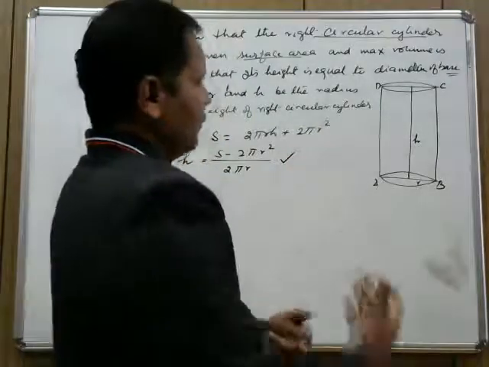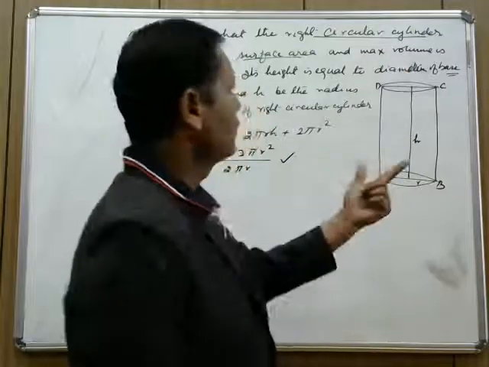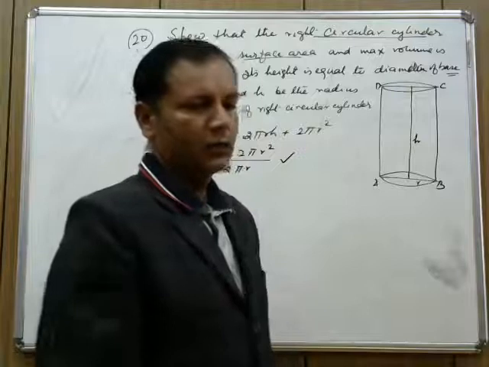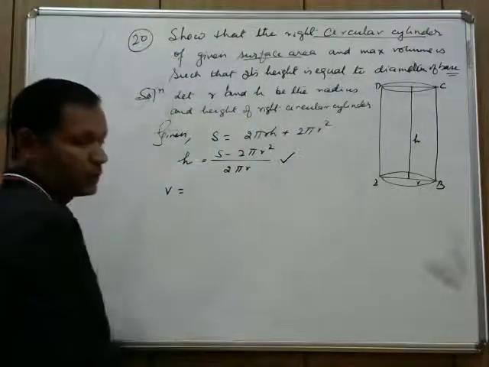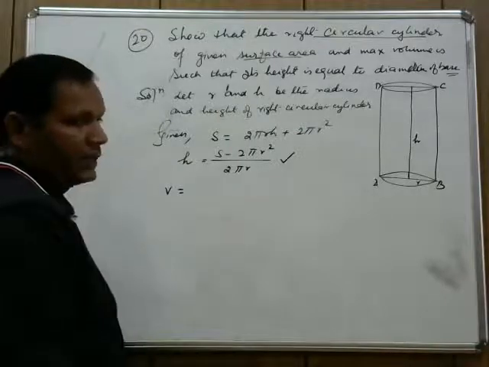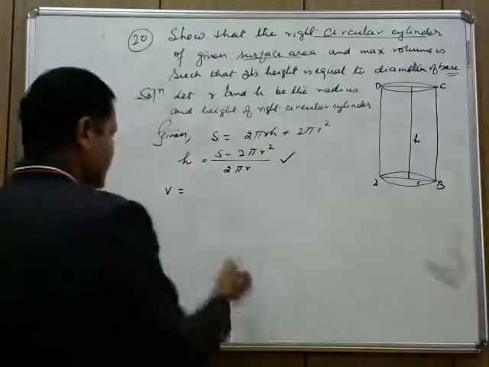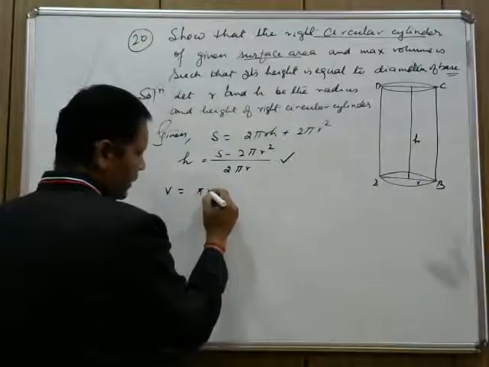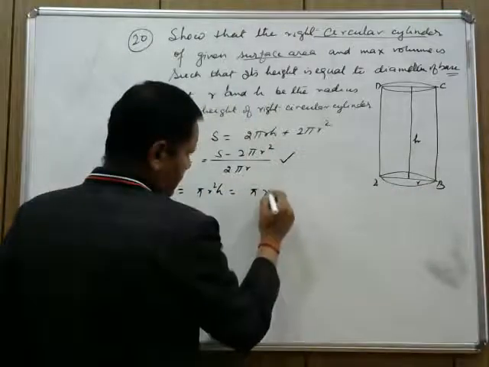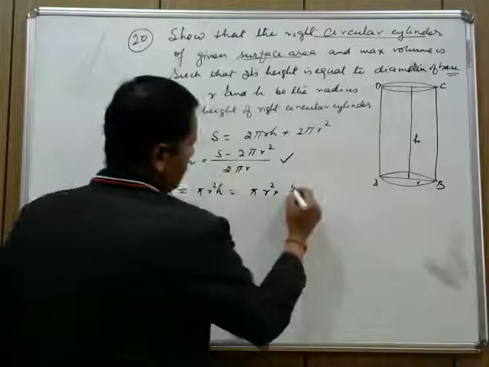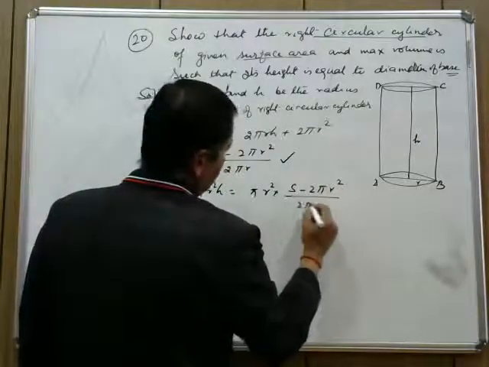And the function which I have to formulate is what? Maximum volume. Volume of what? Circular cylinder. And you know that the volume of a cylinder is pi r square h. Now radius I have taken r, and h is (S minus 2 pi r square) upon 2 pi r.